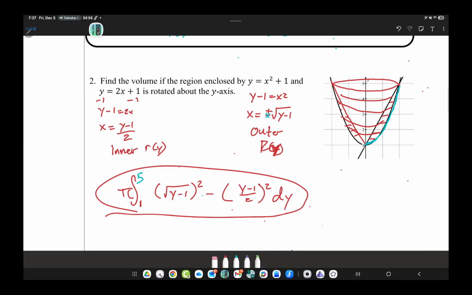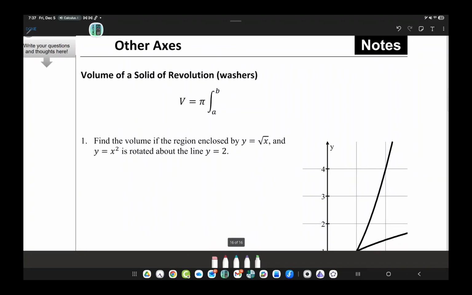All right. So again, if we remember what we did yesterday, we came up with the concept that if you're revolving around something other than an axis, my radius is whatever is furthest from the axis minus closest to the axis.